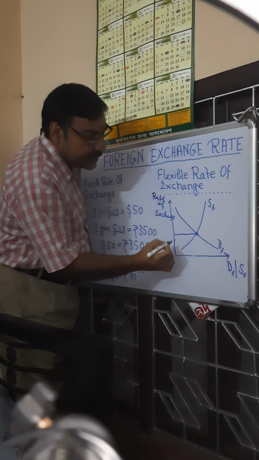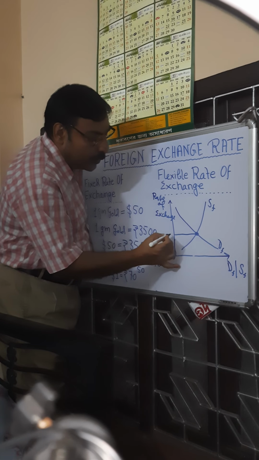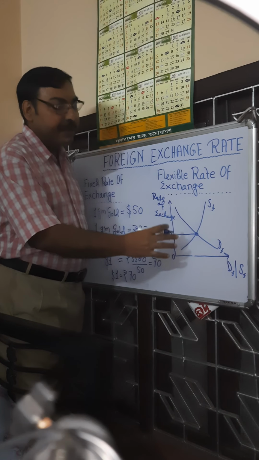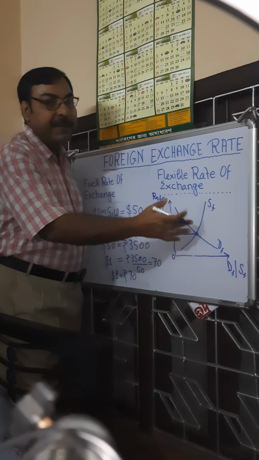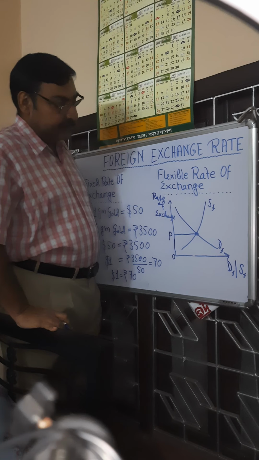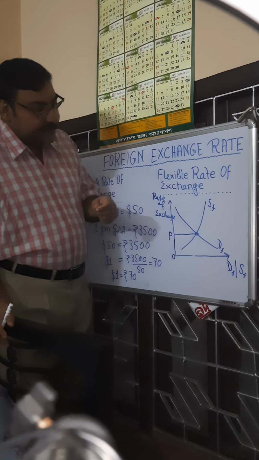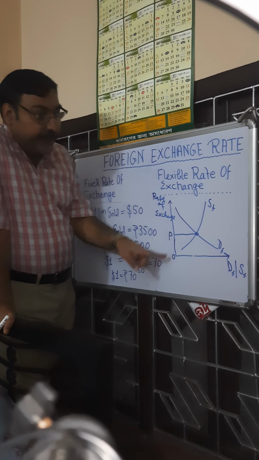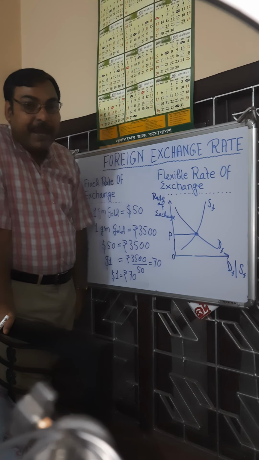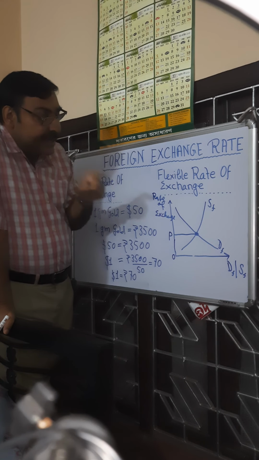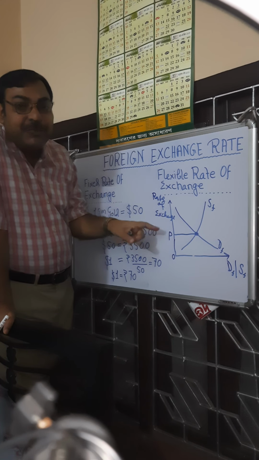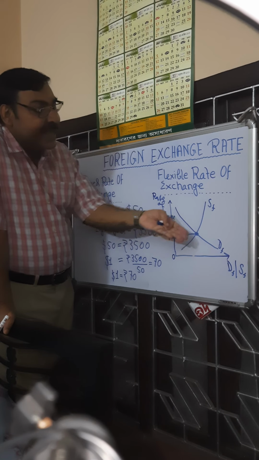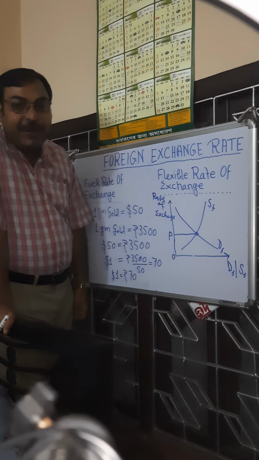Corresponding to that, suppose OP is the equilibrium rate of exchange determined by market mechanism. So this rate of exchange, when determined by interaction between demand and supply, there is every possibility of fluctuation, because in international market always there is change in demand for and supply of foreign currency.